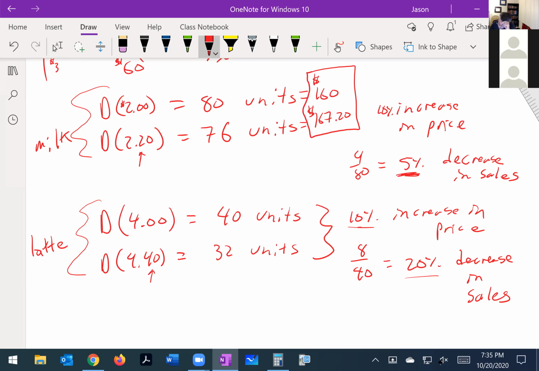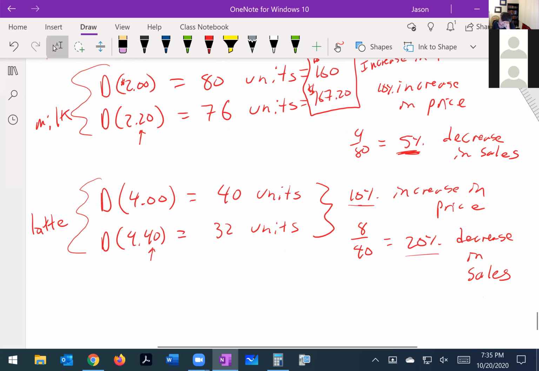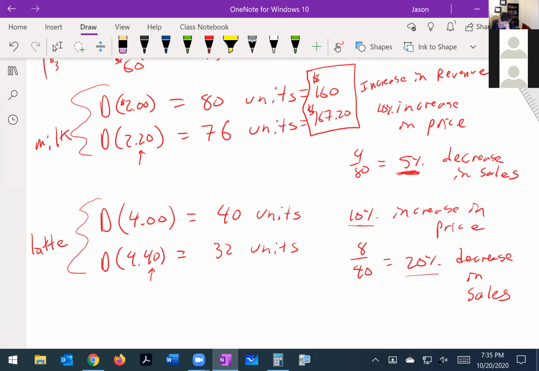This was an increase in revenue. What happened over here? What's 40 times 4? That's, oh, look at that. That's still 160. So I still walked away with 160 in my pocket.